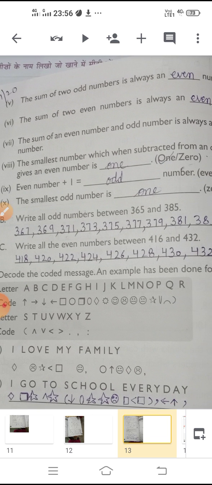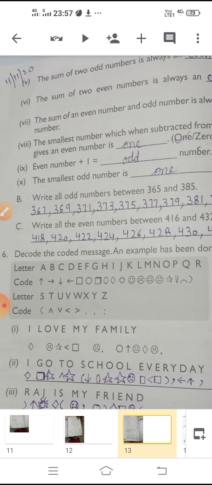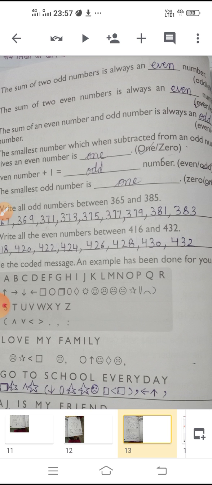Even number plus 1 is equal to what number? Odd number. How? The even number is 2 and if we add 1, we get an odd number. The smallest odd number is 1.